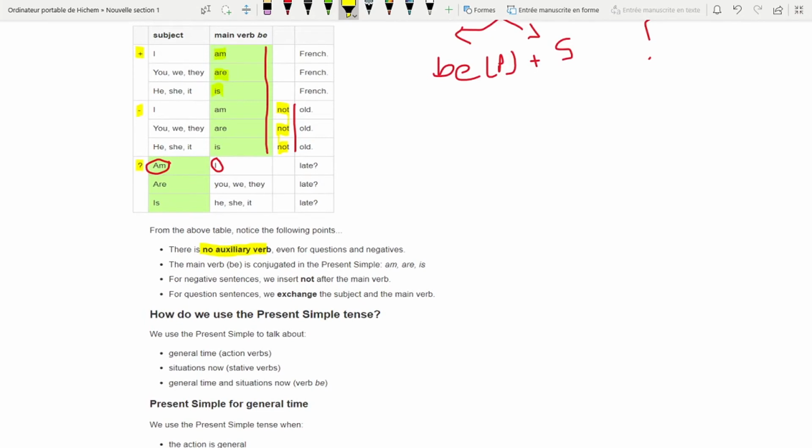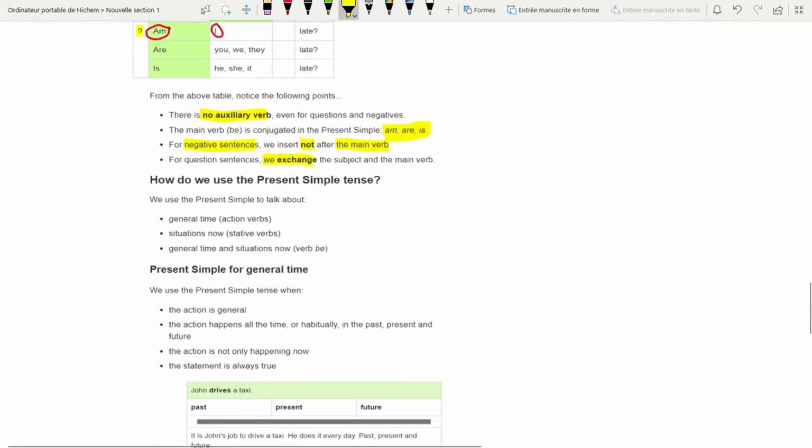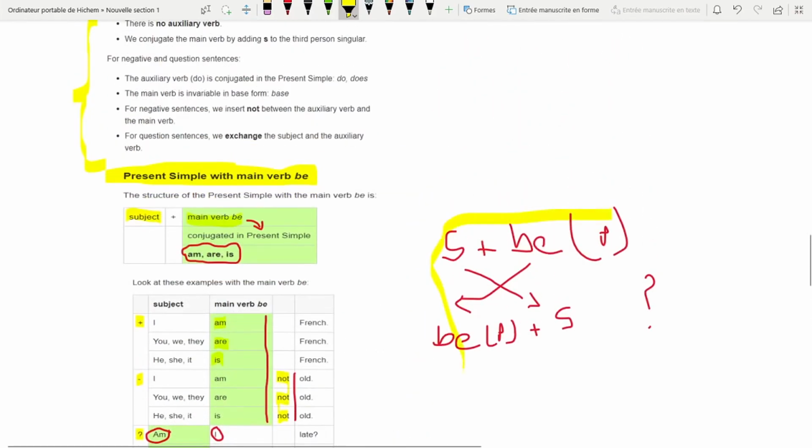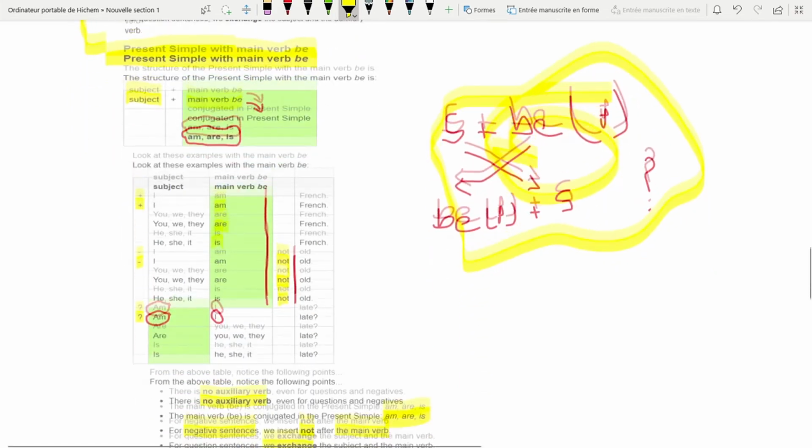The main verb be is conjugated in the present simple. These are the forms that be takes in the present simple. For negative sentences, we insert not after the main verb. That's all you need to know. That's quite easy. For question sentences, we exchange like this the subject and the main verb. This is the rule that I want you to learn.